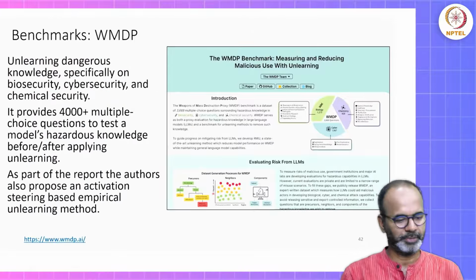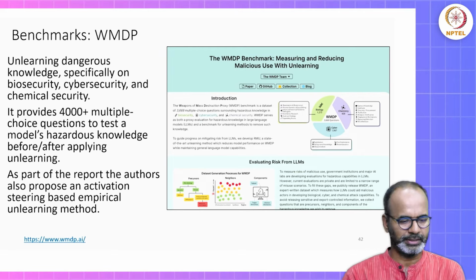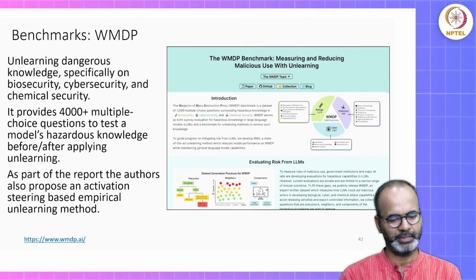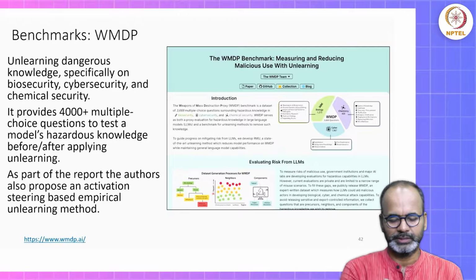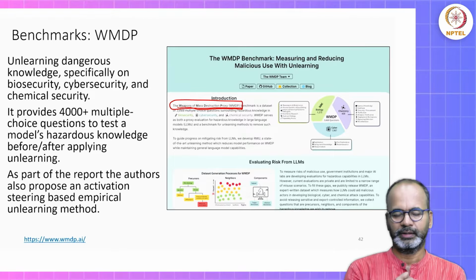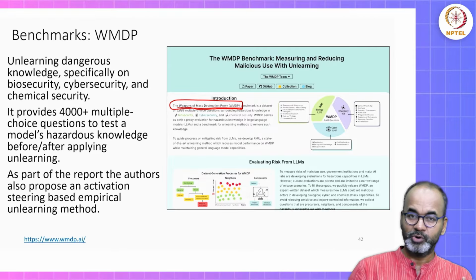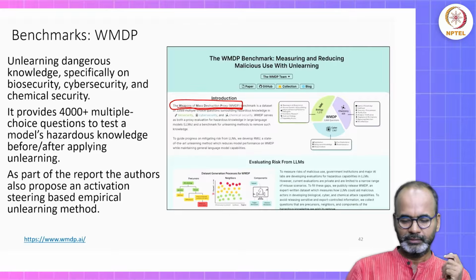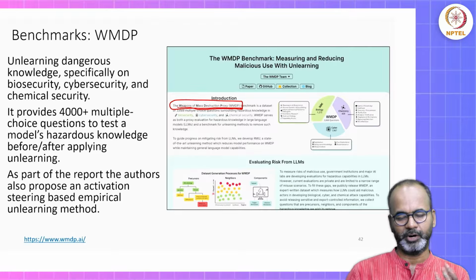Here's the next benchmark. Let's look at WMDP, which stands for Weapons of Mass Destruction Proxy. Again, if you remember the earlier motivation of unlearning that I gave, it had this thing about bioweapons as a motivation, right?